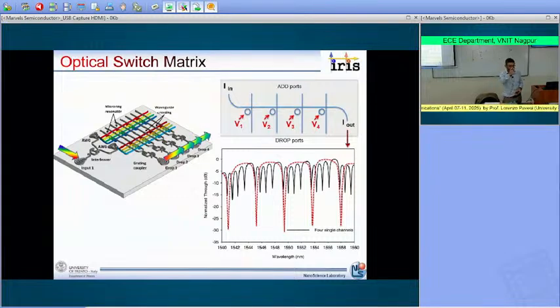But then the actual fabrication, caused by the finite resolution of the lithography, causes the spectral position of each one of those to be slightly different. And therefore this is something that we cannot accept, because in our matrix we have 100 of those microring resonators. And so we need to very carefully align all those microring resonators.